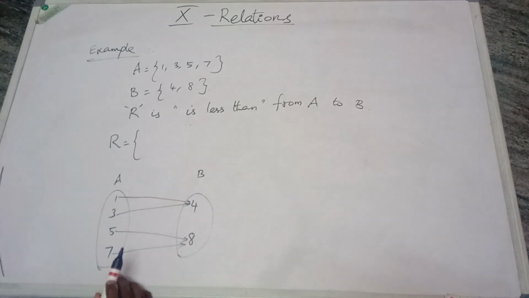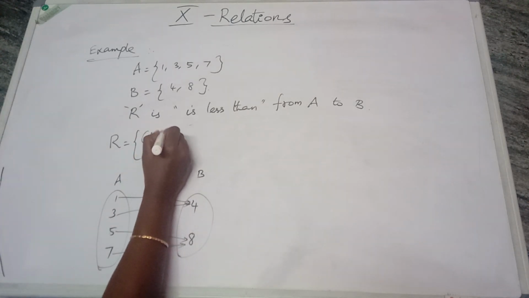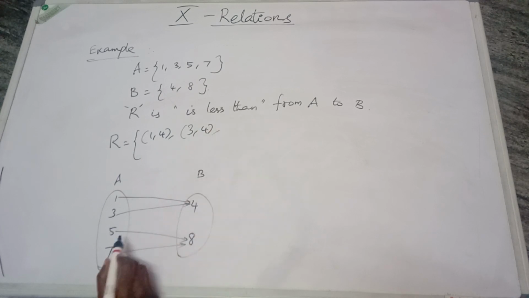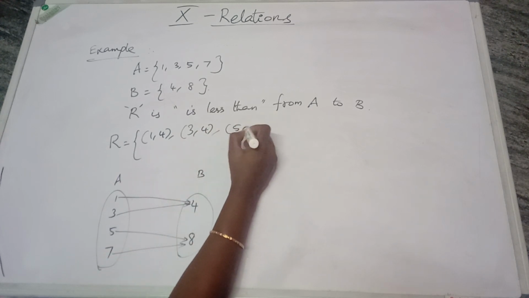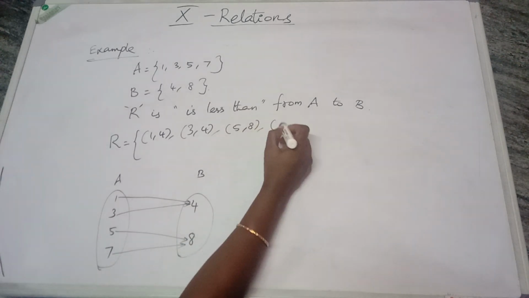So what are all the elements in this set of relation? 1 is related to 4. And then 3 is related to 4. And then 5 is related to 8. And then 7 is related to 8.